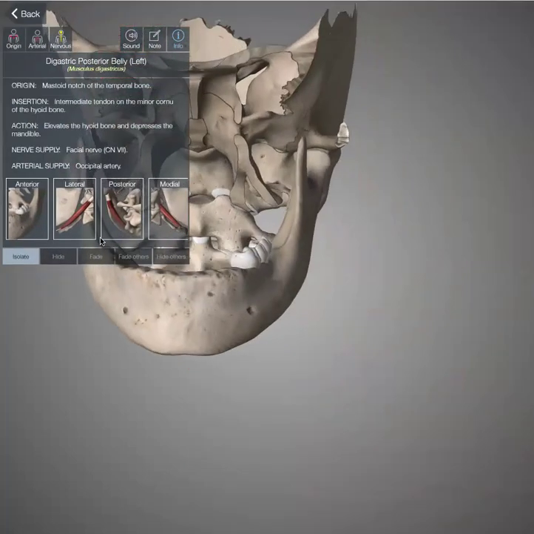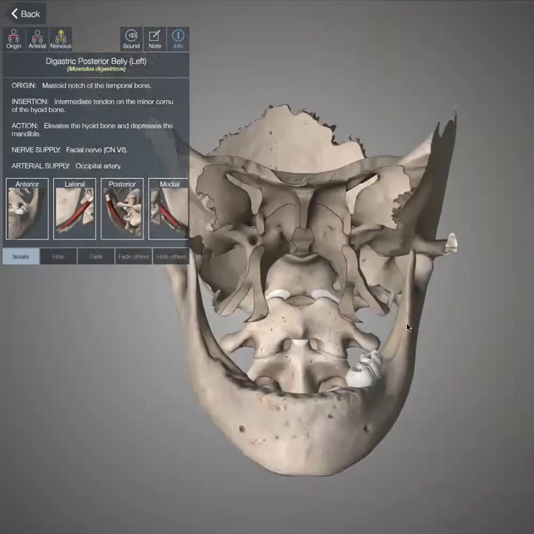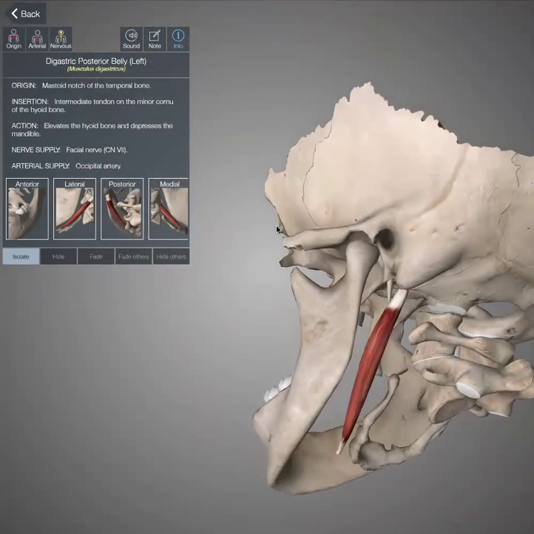Now, the posterior belly originates from the mastoid process of the temporal bone, and inserts into the intermediate tendon again. Its action is that it elevates the hyoid. Nerve supply is the facial nerve. Where did it insert?